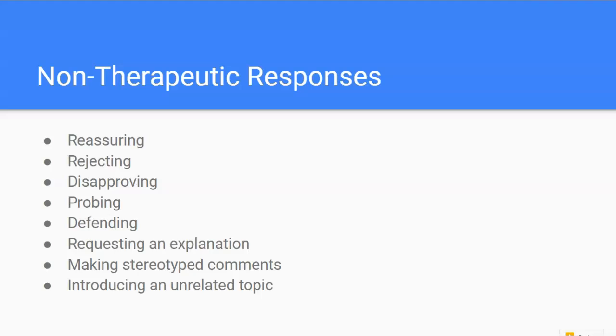I'm trying to think of a good example of that one. Say I have a substance abuse patient and they ask you if they're going to be okay, and your response is, well, it's hard to tell. We don't know how long you've been on drugs. So it's really like a disapproving statement. It doesn't make the patient feel good.